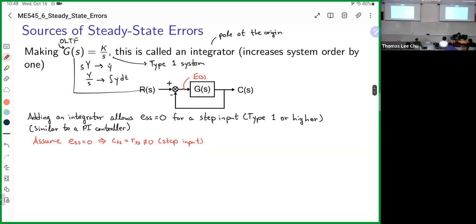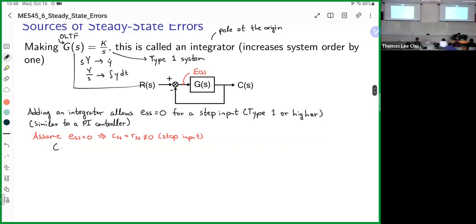It's going to be constant. And we're going to just write out the output.